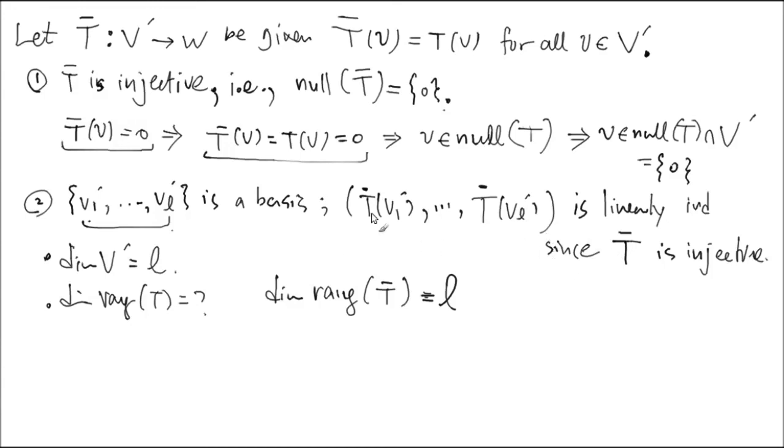How about spanning? Is that part clear? Linear independence is stated right there. Why does this one span the range of T bar? That'll finish off the argument. Why does that span the whole range of T bar? Everything is a linear combination of this one, and that's going to be nicely translated into a linear combination of that one, because T bar is linear.